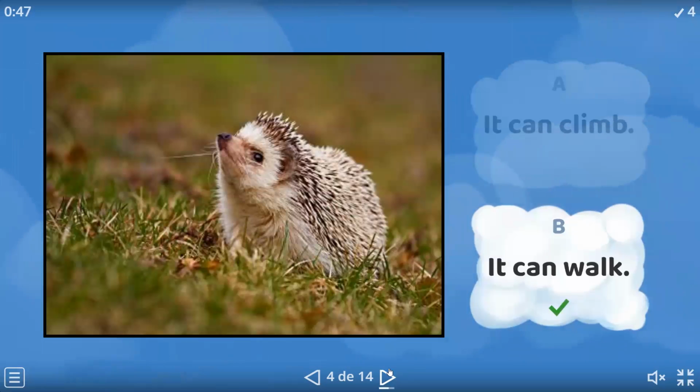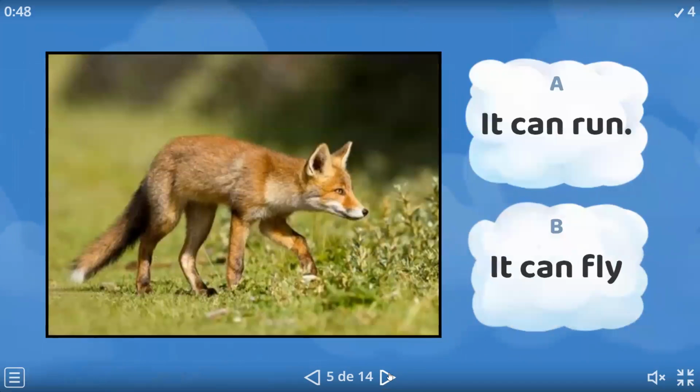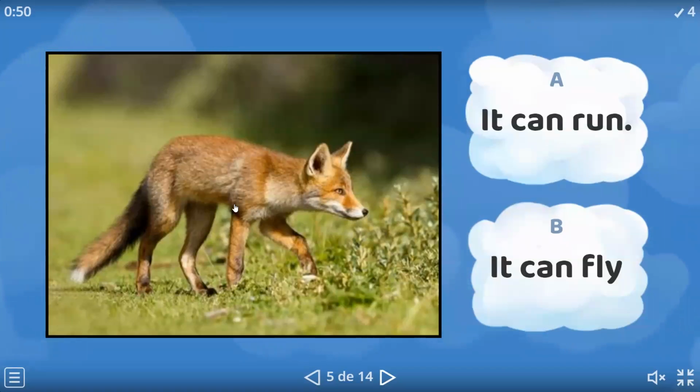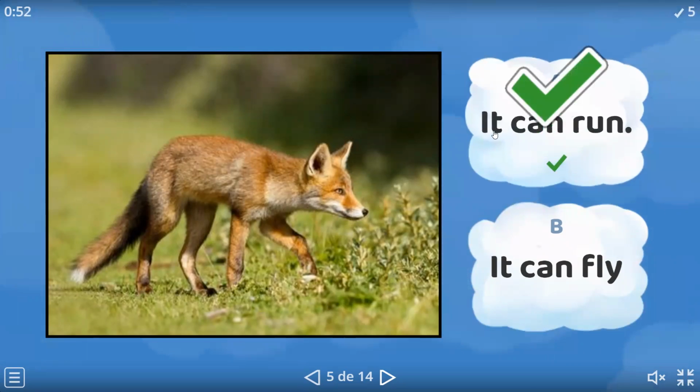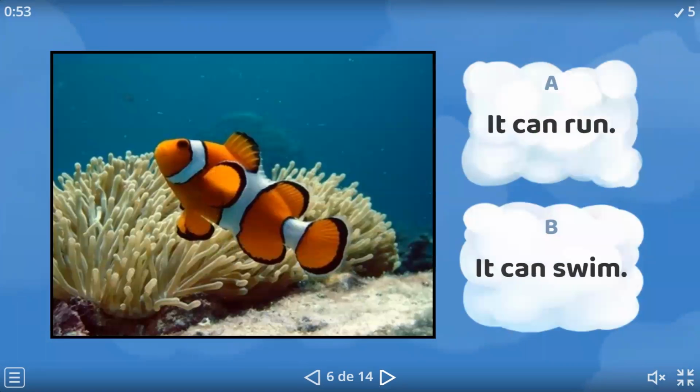Yes, now let's see the next one. It can run. And what is it? A fox. Yes, and it can run. It can swim.